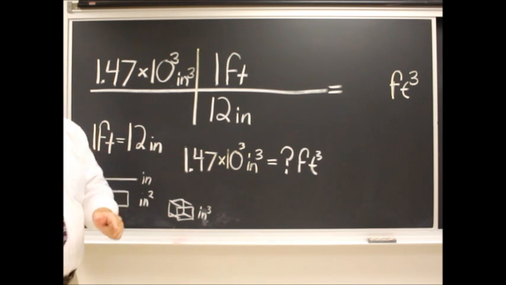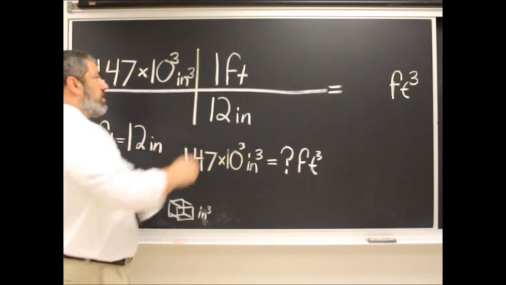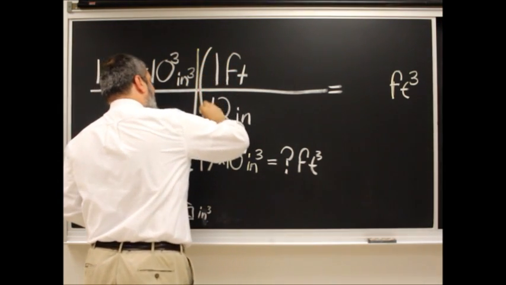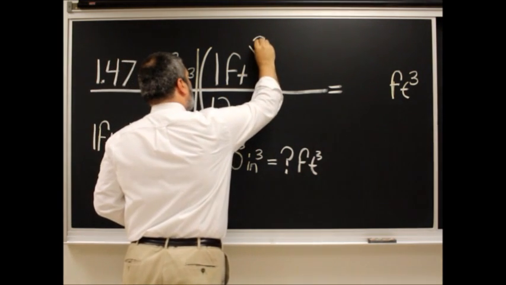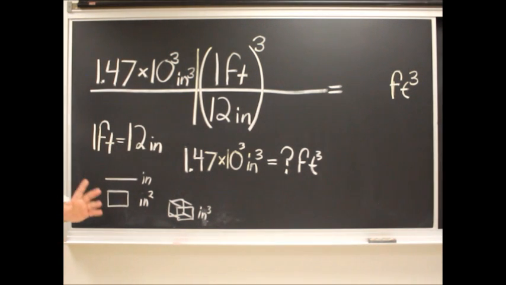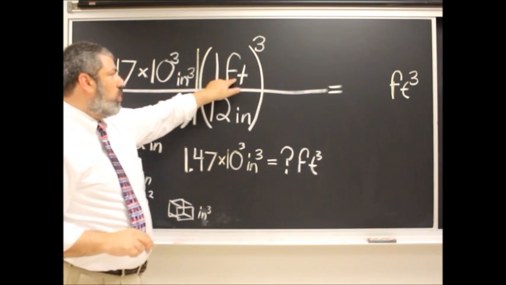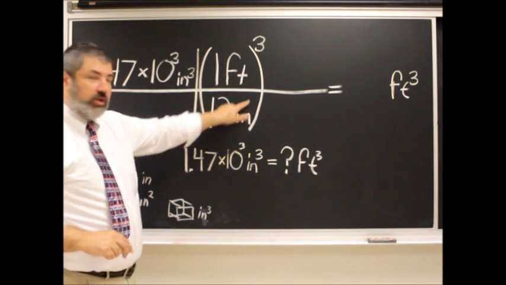But here is the trick. This is cubic inches. So what if I take this entire value and cube it? What that will do is it'll make this 1 cubic foot and this 12 cubic inches.